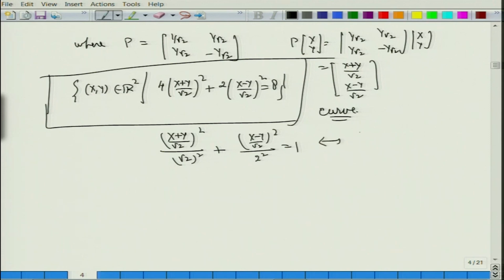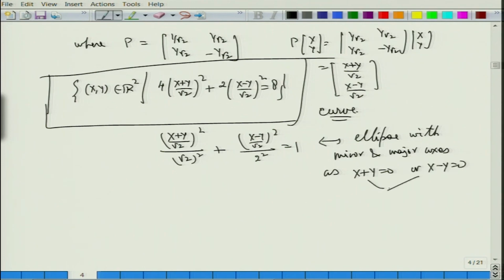So, this is the ellipse that we are looking at, ellipse with minor and major axis as what? Is it x plus y equal to 0 or x minus y equal to 0? Which is minor, which is major?